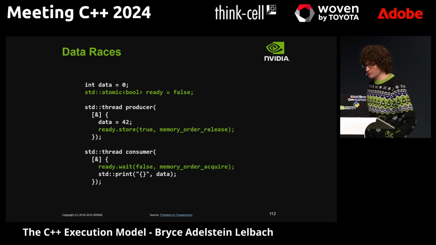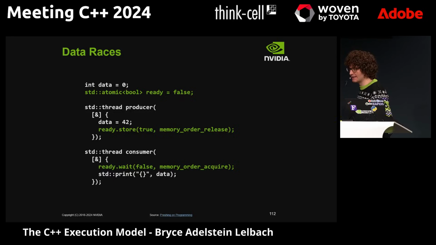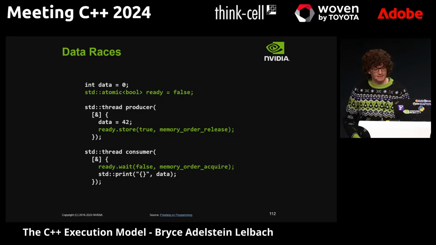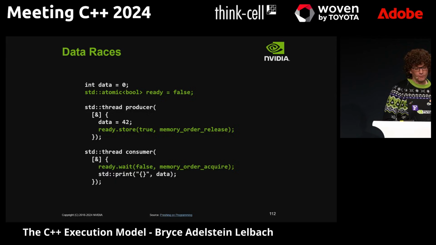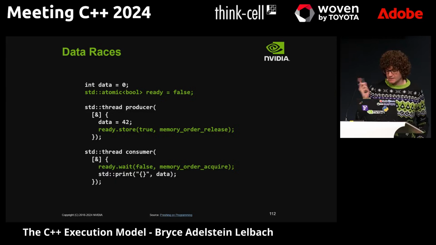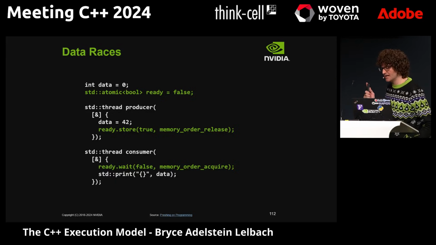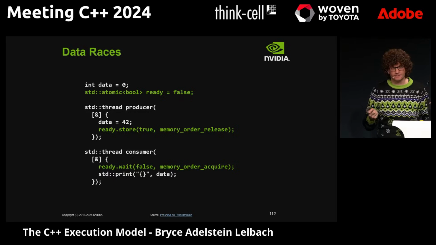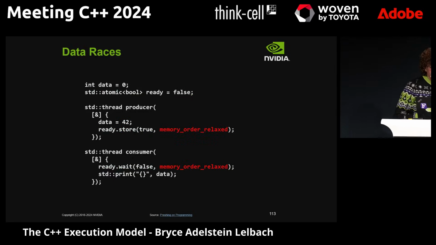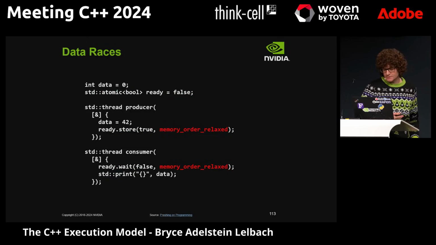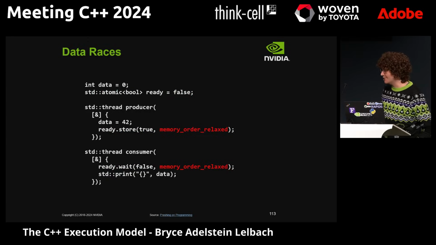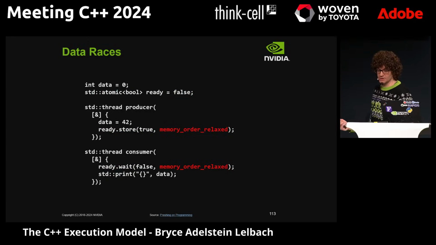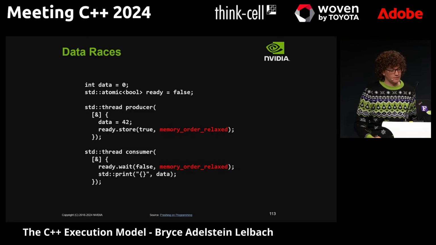We could also use an atomic flag and acquire release semantics to get the same happens before relationship. So here we're using atomic's wait interface to block until we observe the producer's store. But if we used relaxed loads and stores for the flag, then we won't get a happens before relationship between the store and the load.